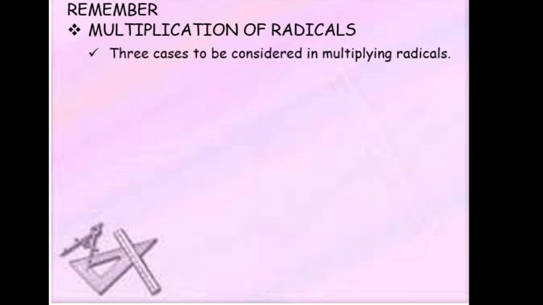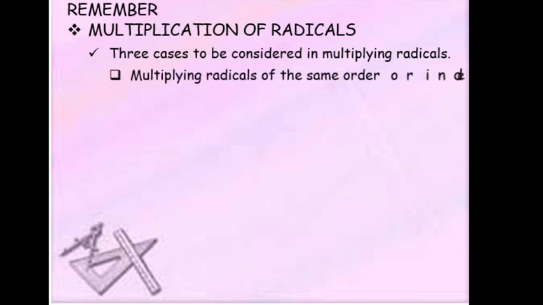Okay, so now let us summarize what we have learned about operations of radicals, specifically multiplication and division. So for multiplication of radicals, we have three cases to be considered in multiplying radicals.